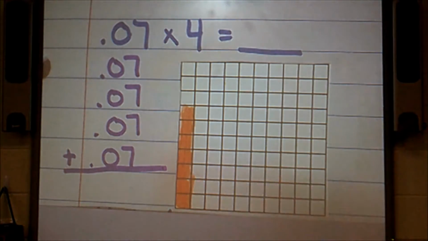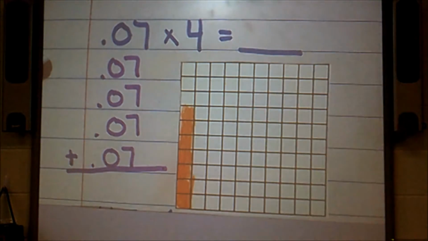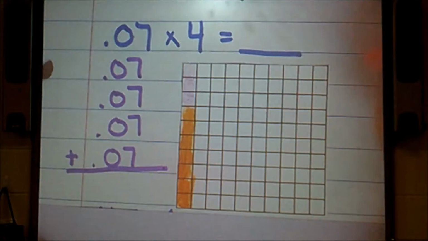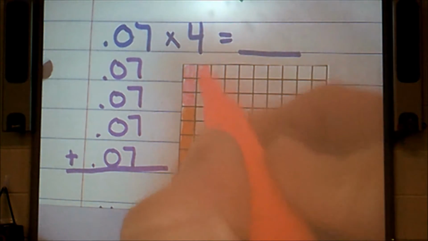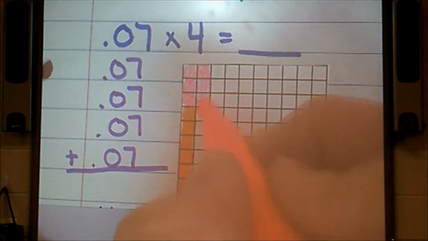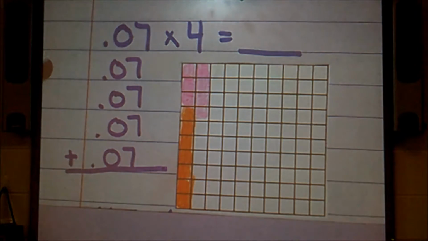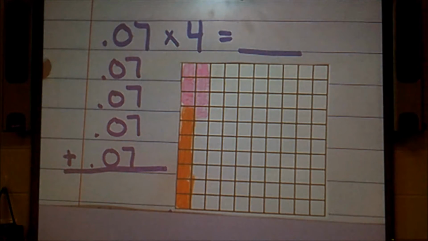I'm not going to go to the next row because I haven't filled out the first row. I'm going to fill my first row first. So I'm going to fill in 3 here, and then go to my next row. 3, so that makes 4, 5, 6, 7. That makes 7 total. So that's 2 times.